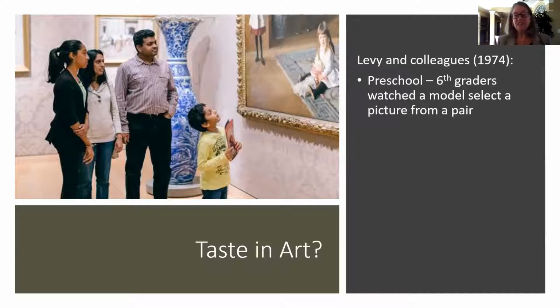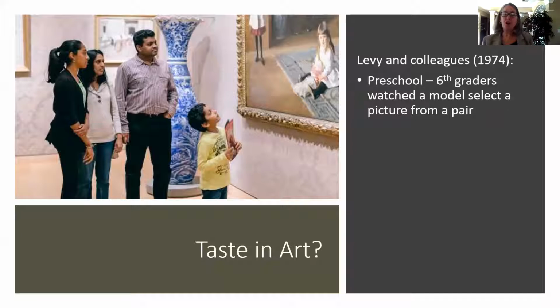And what they found is, over time, the observers, these preschool kids, these sixth grade kids, they learned; they ended up imitating the preferences that they watched the model have. And they were able to abstract it. So if the model liked things that were more like abstract art, then they were more likely to pick more abstract art.